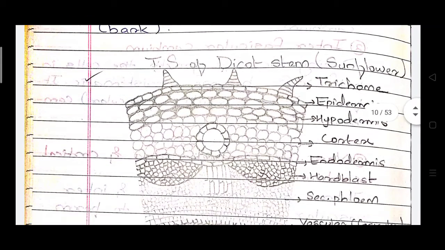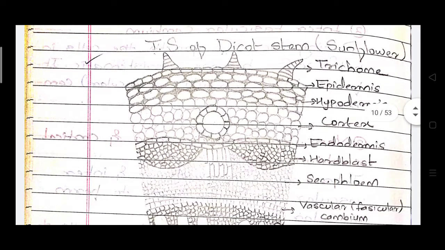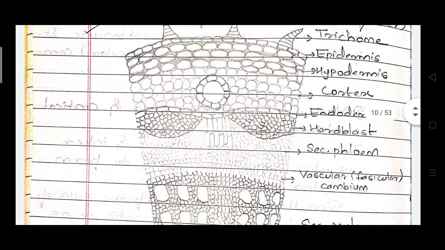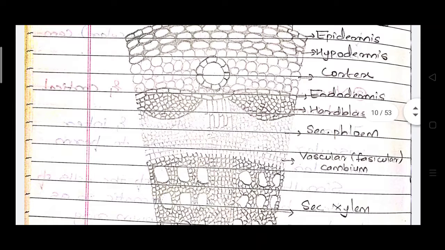So this is the TS of a dicot stem. The outer layer, the epidermis, develops trichomes; it is a single layer of outer cells. Below the epidermis there are three to four layers of hypodermis, which is also parenchymatous. Then after the hypodermis there is the cortex region, and below the cortex there is the endodermis, again single layered.